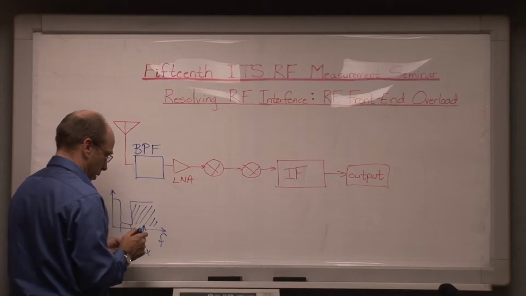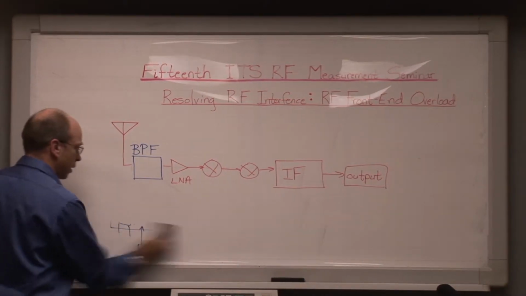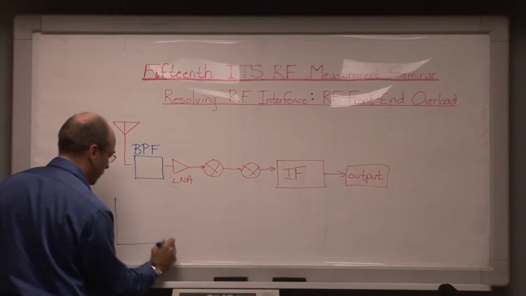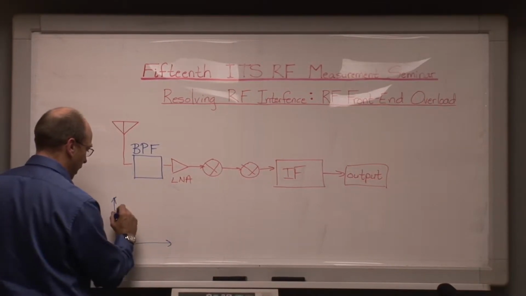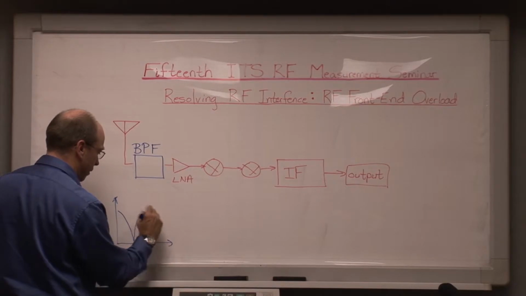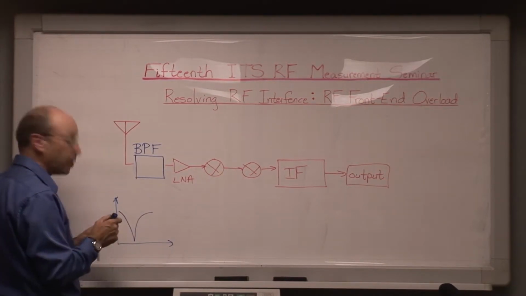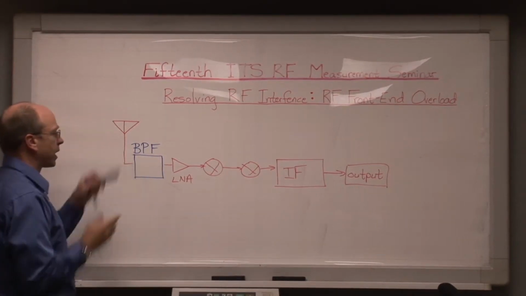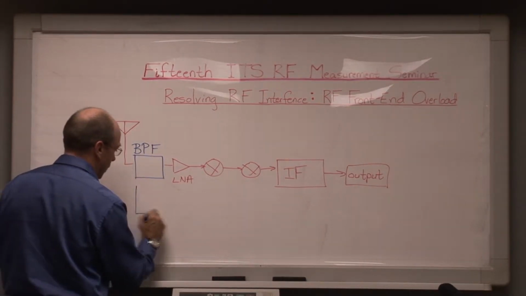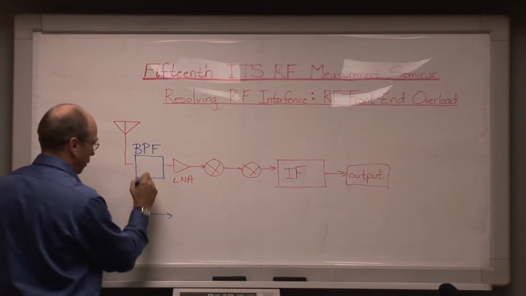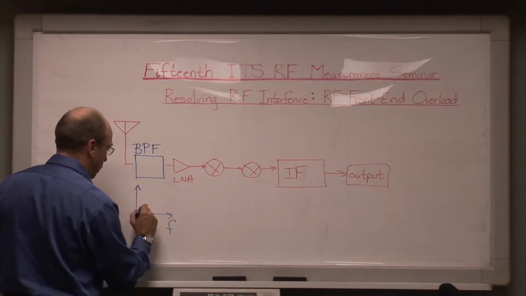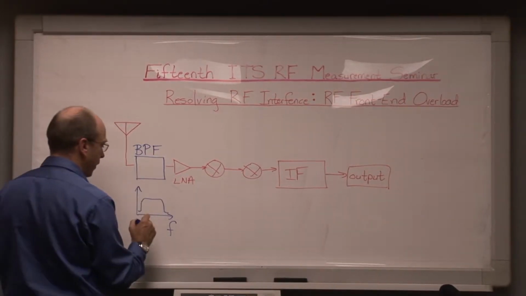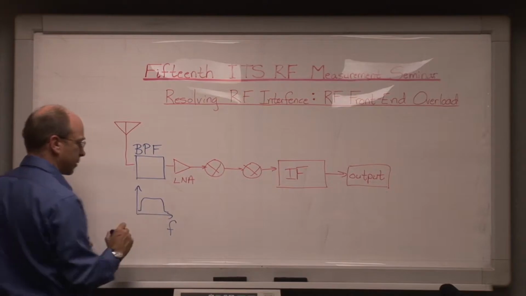Or you could even imagine a front end where you're trying to get rid of energy from a specific transmitter that you know of that might cause some problem, and so you put a notch characteristic into this filter. But most commonly, in general, people will design this as a bandpass filter where the intention is to pass energy through the part of the spectrum or the entire spectrum band in which a radio is supposed to operate, and then eliminate energy outside that spectrum band.